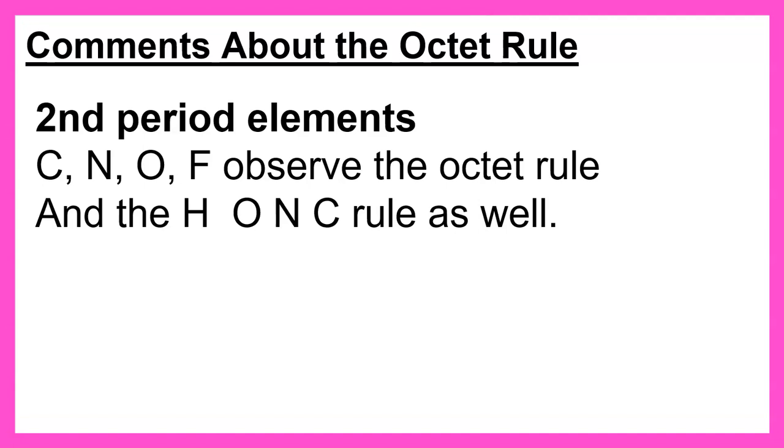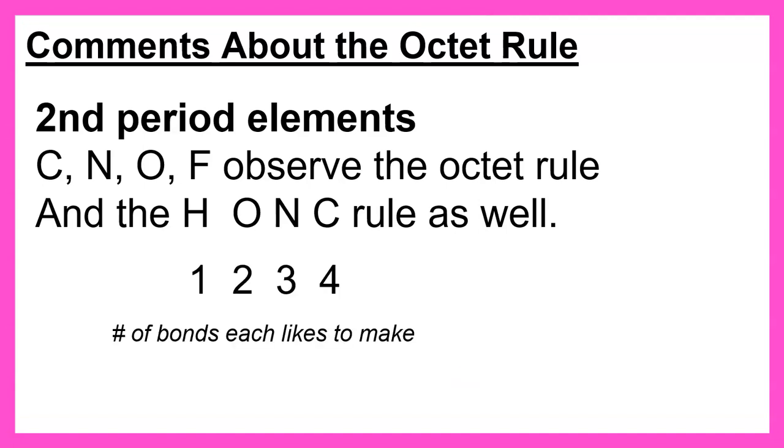You may hear some people talk about what they call the HONC rule. That means hydrogen likes to make 1 bond, oxygen likes to make 2, nitrogen likes to make 3, carbon likes to make 4. They don't have to, but they like to. Remember, these rules are not very good. It would be better if we called them suggestions.